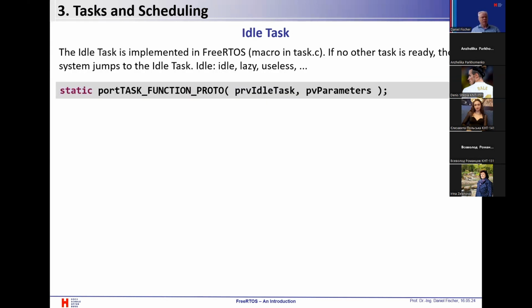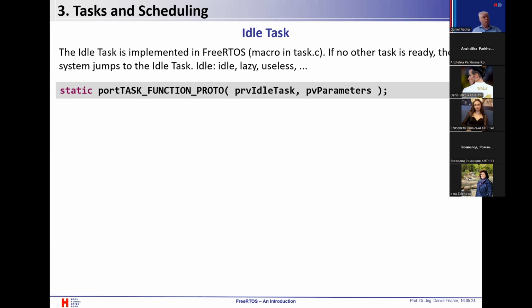And now we have to talk very shortly about the idle task. It's not so easy to understand at the beginning, but in FreeRTOS, and of course maybe also in other RTOS systems, a task should always run.